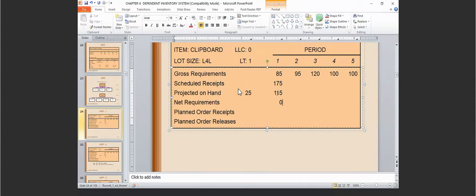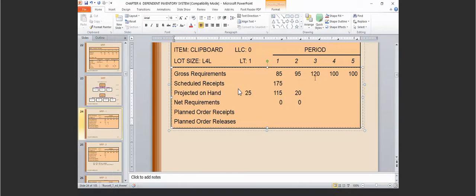So we only depend on the projected on-hand inventory to support the production of 95 units. At the end of period 2, the balance of inventory is 20 units. Since the projected on-hand inventory is sufficient to support the gross requirement of 95 units, the net requirement here will also be 0.